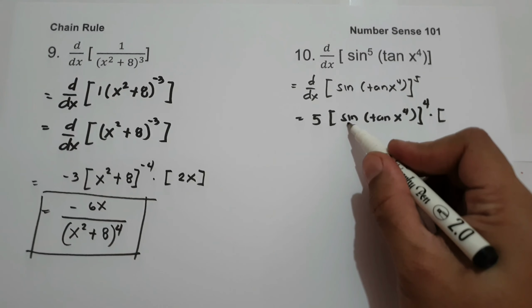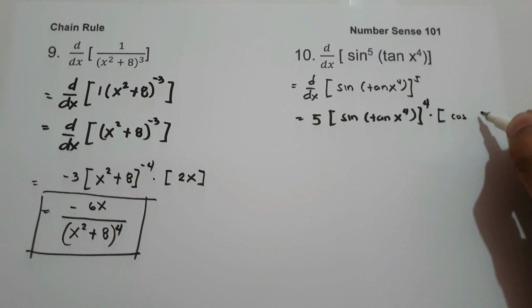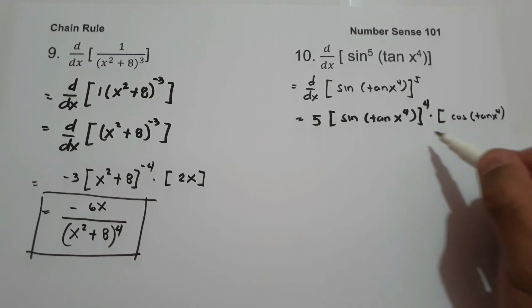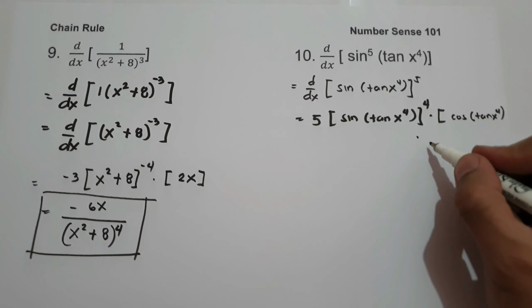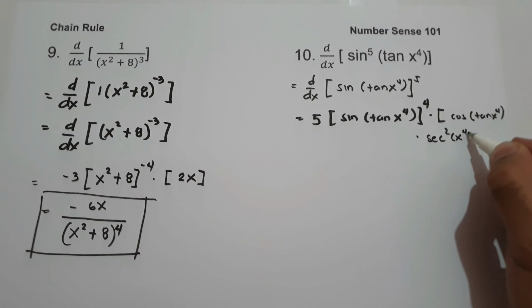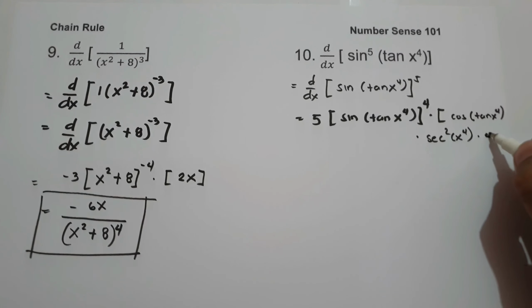So the derivative of sine, that is cosine tangent x raised to 4, and the derivative of tangent is secant square x raised to 4 times the derivative of x raised to 4, that is 4x cubed.